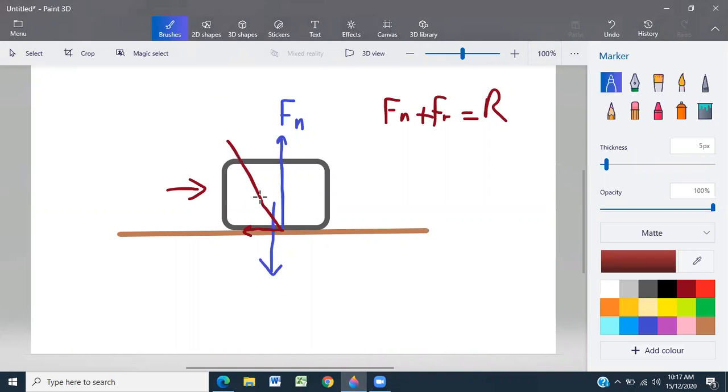So we'd want to find this angle here. This angle is exactly what we would expect: tan theta, which is equal to the same frictional force over Fn.